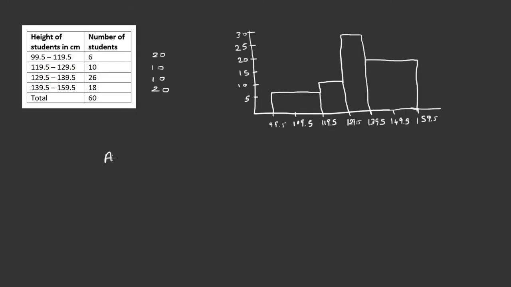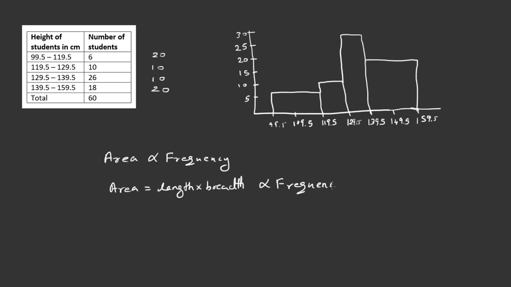We defined area as proportional to the frequency. We know area is equal to length into breadth, that is proportional to frequency. That is, the length or height of the bar is proportional to frequency divided by breadth.